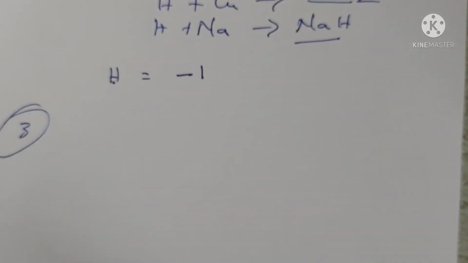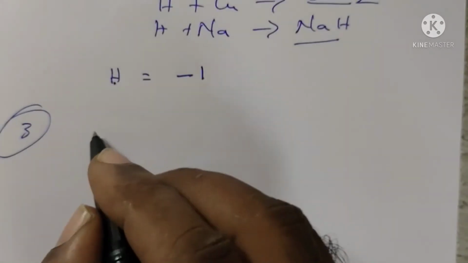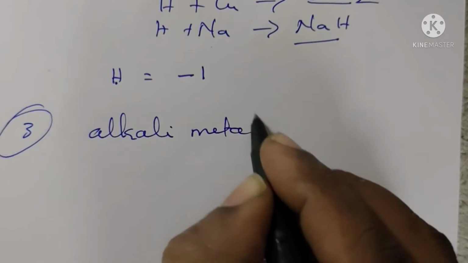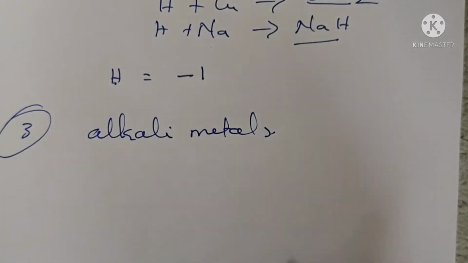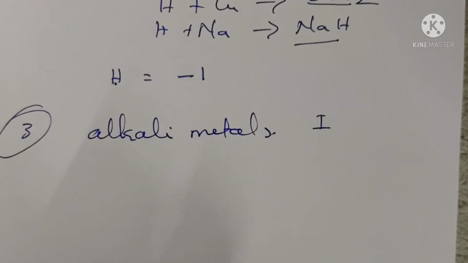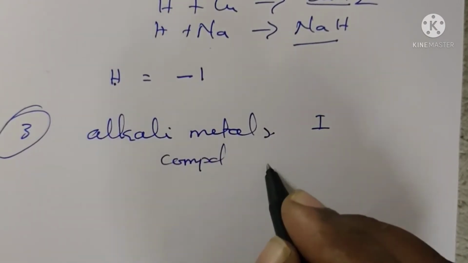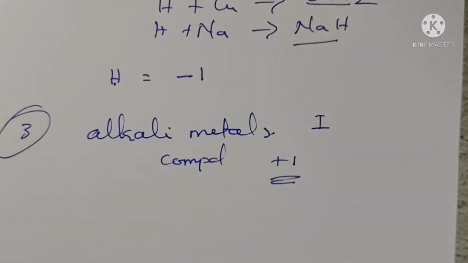Third point, the oxidation state of alkali metals. What do you mean by alkali metals? We studied group 1 elements. The oxidation state of group 1 elements in all their compounds is +1.